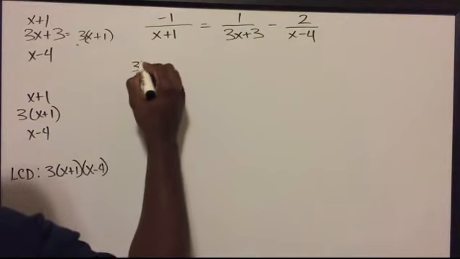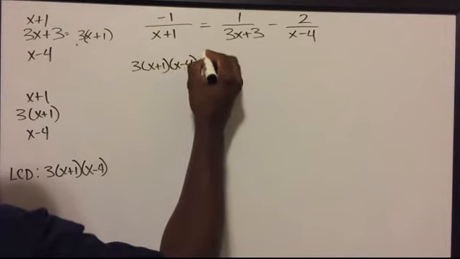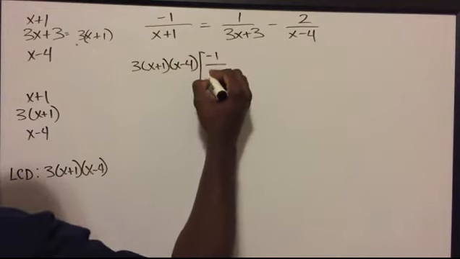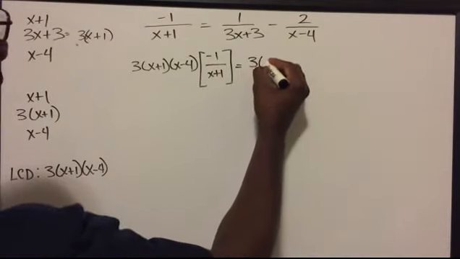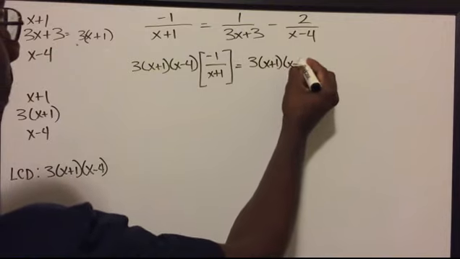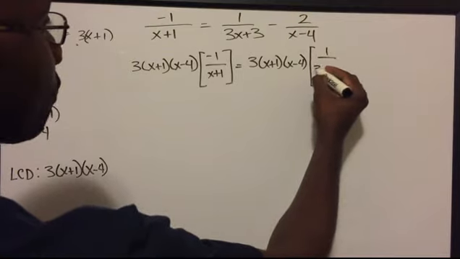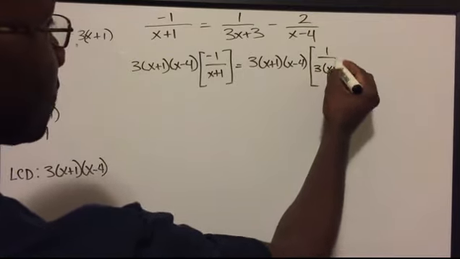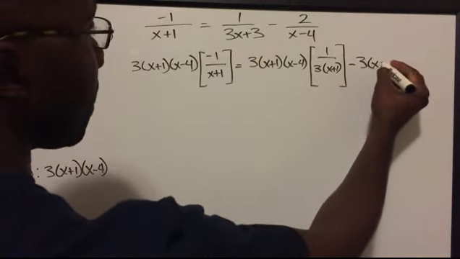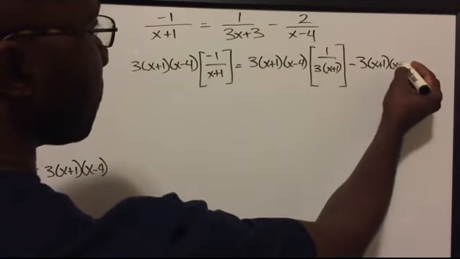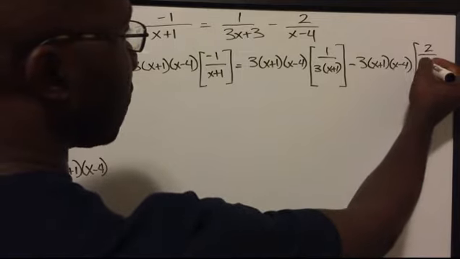So 3(x plus 1)(x minus 4) multiplied by minus 1 over x plus 1 equals 3(x plus 1)(x minus 4) multiplied by 1 over 3(x plus 1), minus 3(x plus 1)(x minus 4) multiplied by 2 over x minus 4.